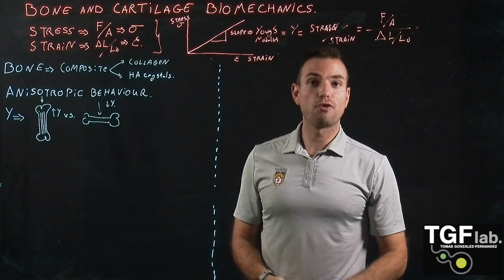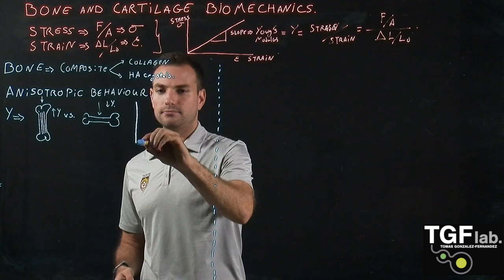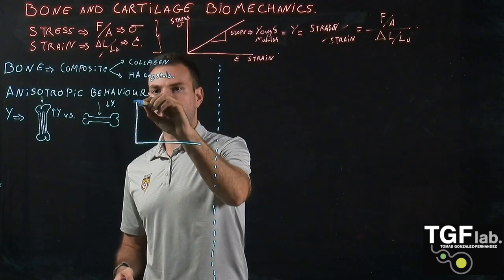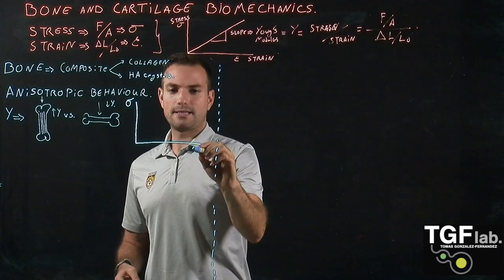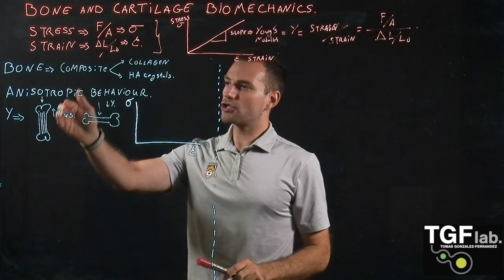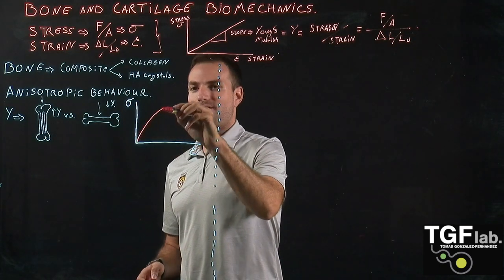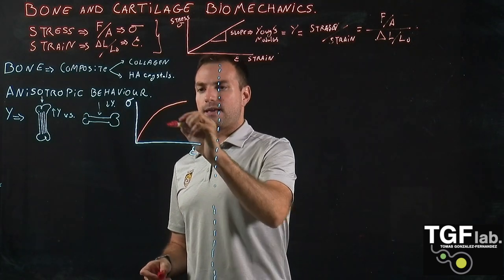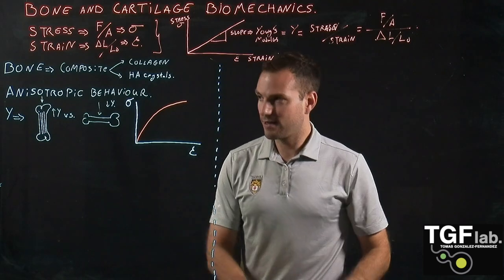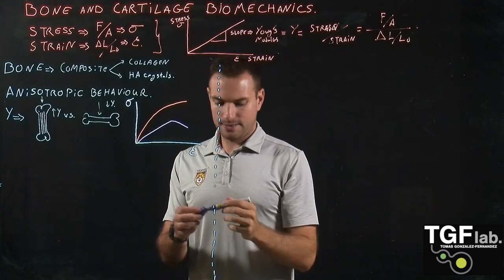And this is very well represented in the stress-strain curve. Here the stress and here the strain. If we apply the force or the pressure in a longitudinal manner, we are going to have something like this. And if we apply it in a radial manner, we are going to have something like this.